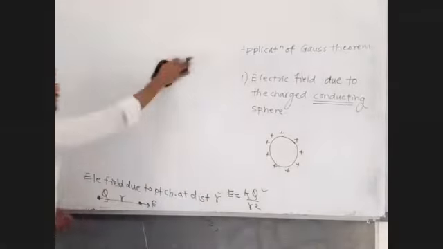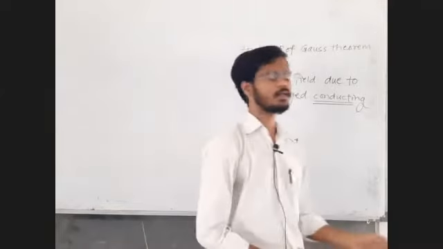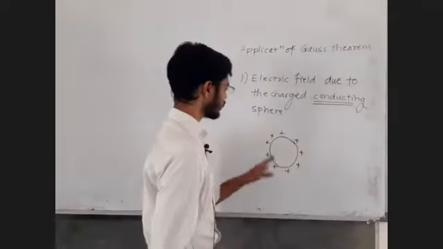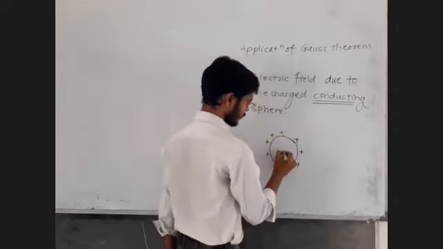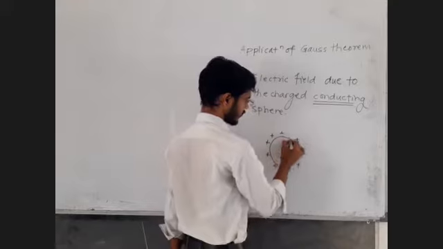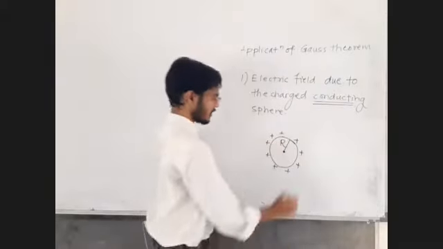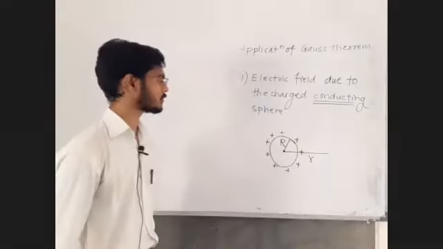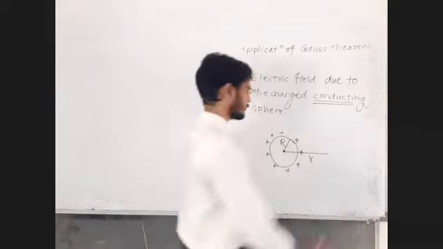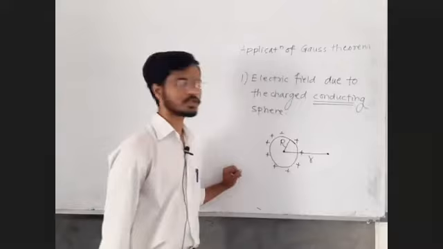Now, using the Gauss theorem, we can very easily find out the electric field due to this charged conductor. Let us take the radius of the conductor as capital R, and let us say that at a distance equal to small r we want to find out the electric field. Now there are some steps.